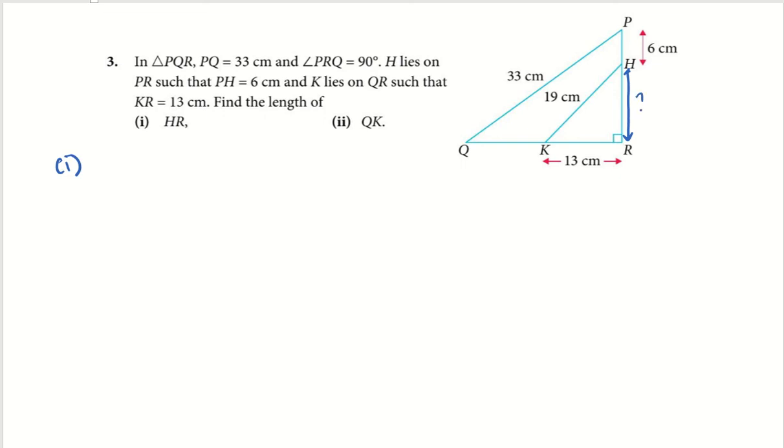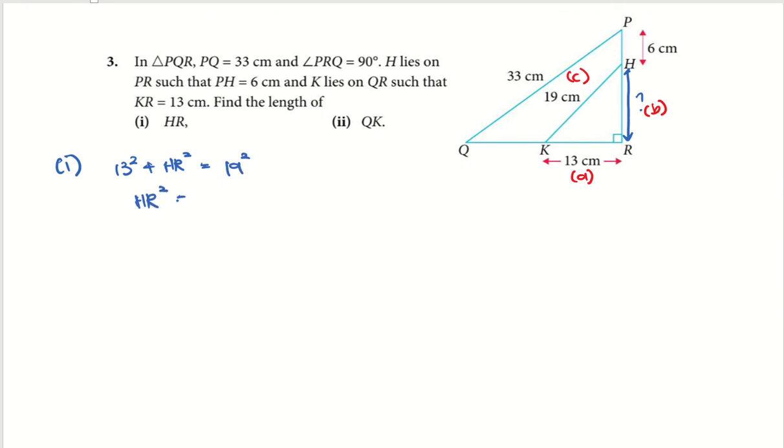Similar to the first two questions, we just need to apply your Pythagoras theorem immediately, knowing that your two shorter lengths are the ones that are next to your 90-degree. You can immediately find out what is your length A, B, and C. Putting into your Pythagoras theorem equation, you have your 13 square plus HR square will be your 19 square.